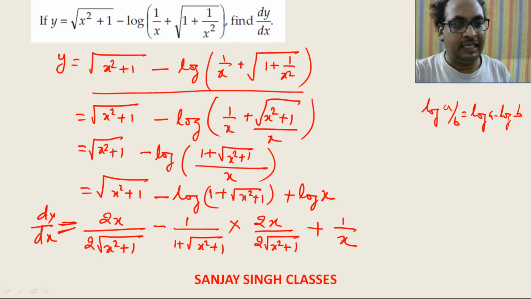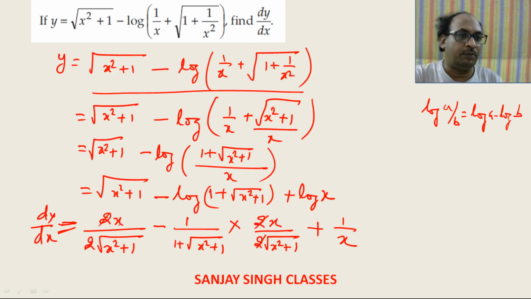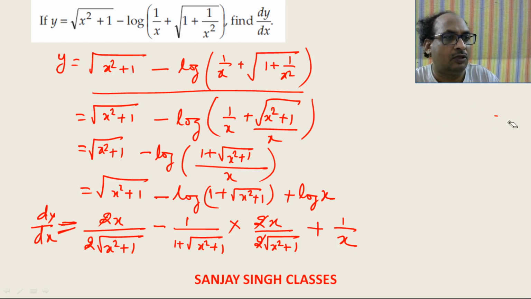Now in this case you can say this 2 and 2 will get cancelled. Here also 2 and 2 will get cancelled. So x by whole root x square plus 1. Now let us solve this side. So dy by dx. Let us put one line here. Okay.